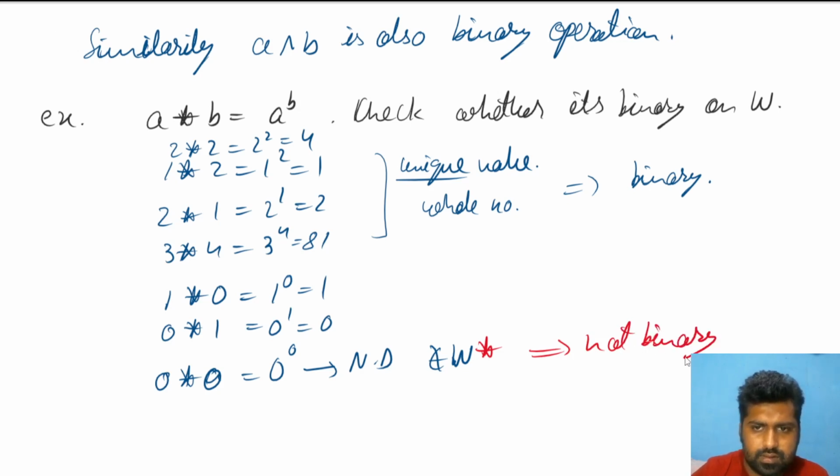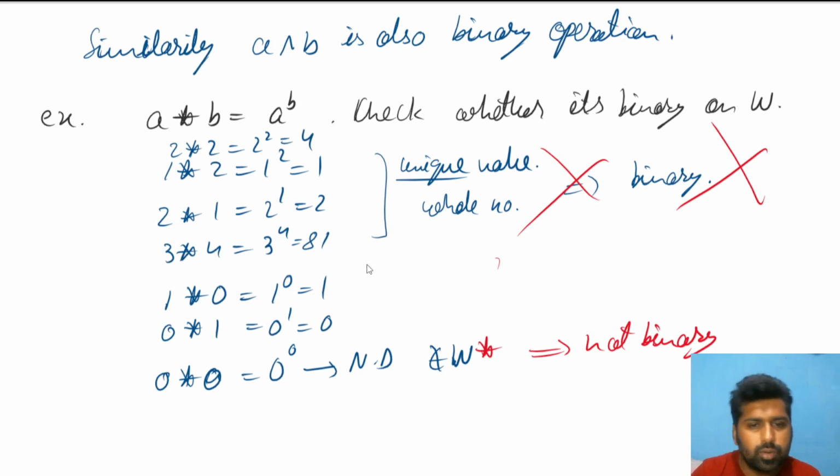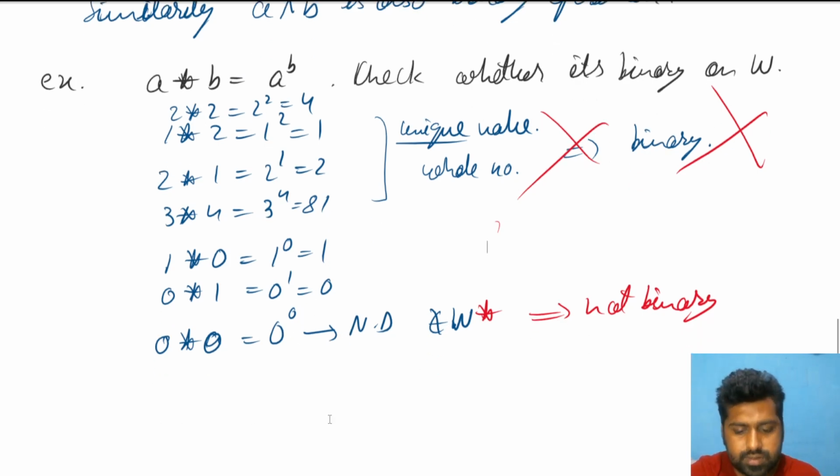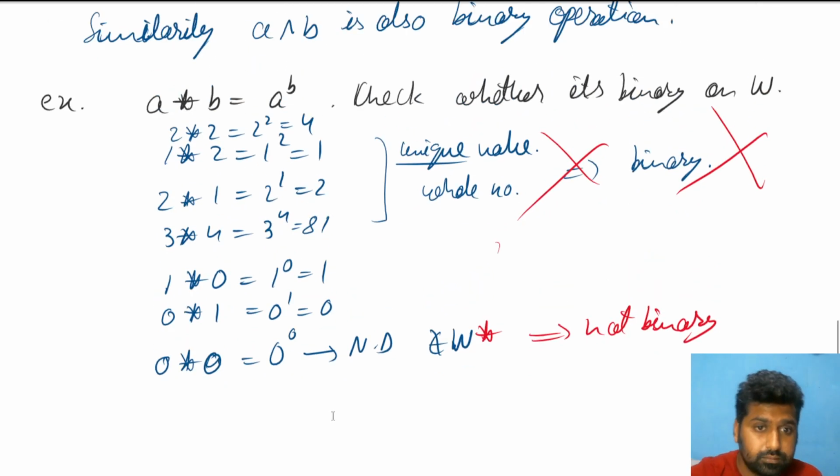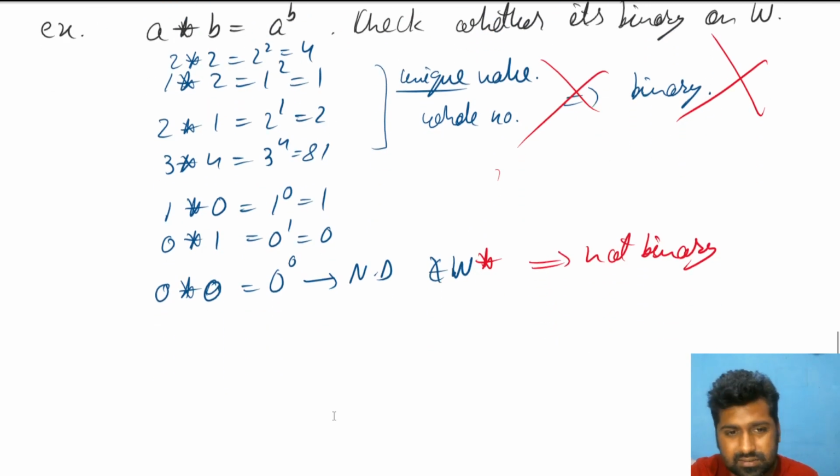Okay, so this statement is incorrect. We are getting whole numbers for all the values, no problem. It's just that 0 star 0 is not defined. It's a case of limit, so we cannot solve this. It's a meaningless thing as such. All right.